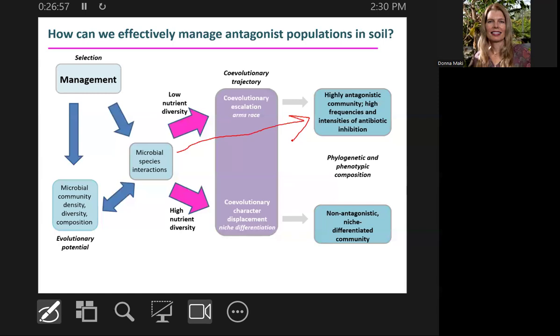You don't want a lot of nutrient diversity. You want them fighting for the same carbon source, essentially. And if you do that, that's like an arms race amongst themselves. They'll kick in their antibiotic production and become highly inhibitory to the pathogens.